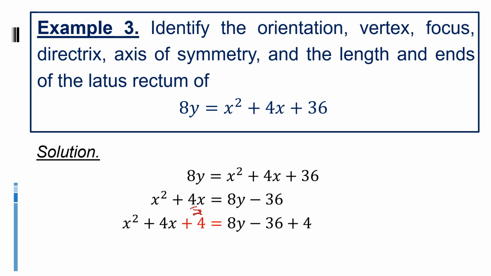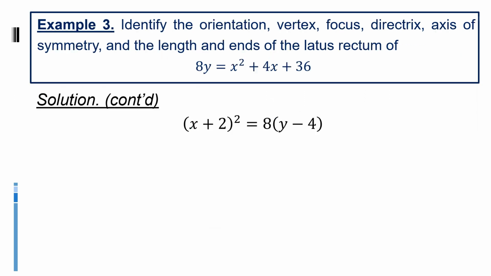Note that in completing the square, palaging what is added to the left side should be added to the right side. From there, we know that this is now x plus 2 squared, and this is 8 times y minus 4. Since we already know that it opens upward, why? Kasi x natin yung squared, tapos yung 8 is positive.